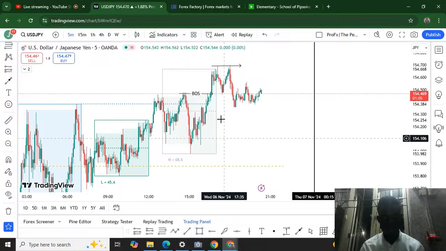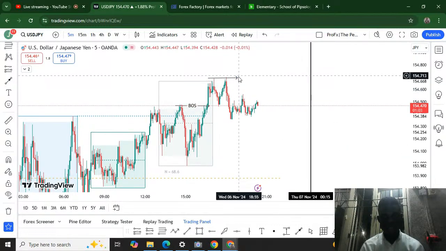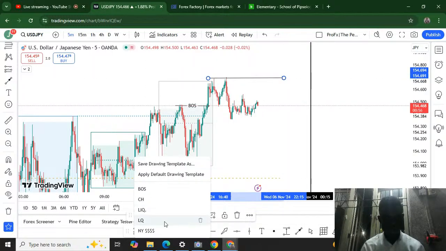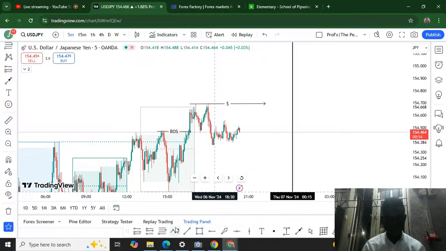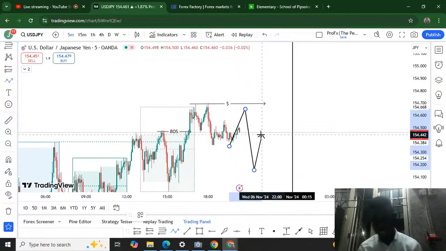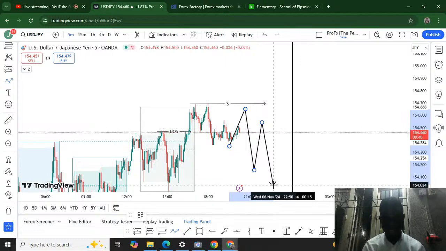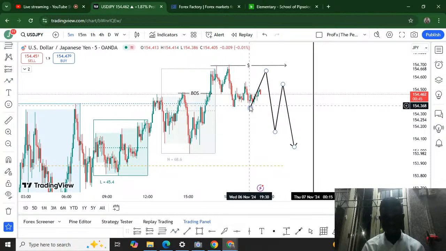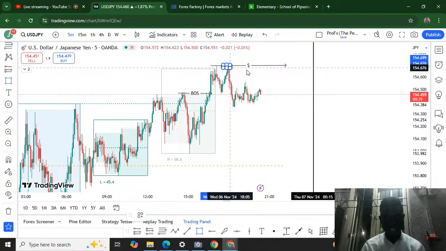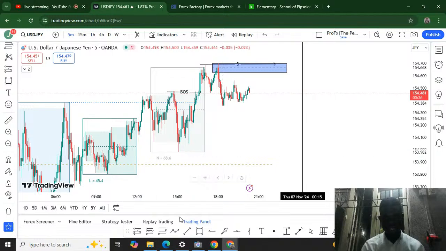So we don't want price to take out this high. We want price to maintain this high for a change of trend to happen. So watch what I'm going to do now. If this is maintained, then I want to see a break of structure here.